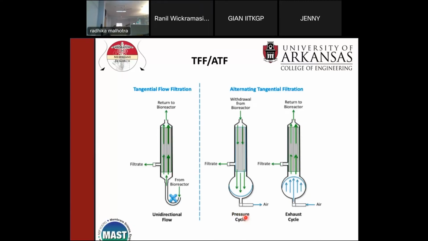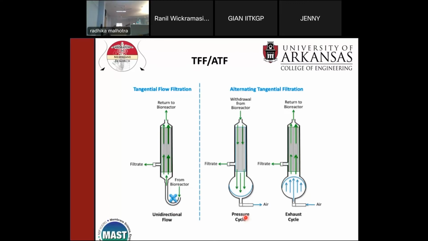The disadvantage is that this starts to foul eventually, so you start getting product rejection. The peristaltic pump can damage the cells, and you have 2 connections to your bioreactor. And the more connections you have, the more likely you are to have non-sterile conditions if anything goes wrong. So with alternating tangential flow, this is the bioreactor. The diaphragm pump sucks this way, so it pulls liquid through here.